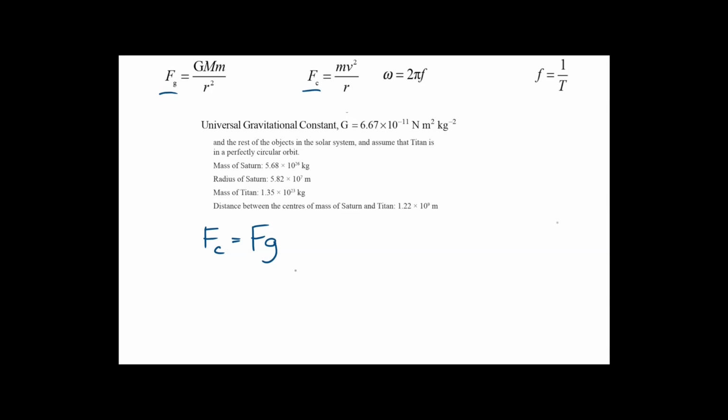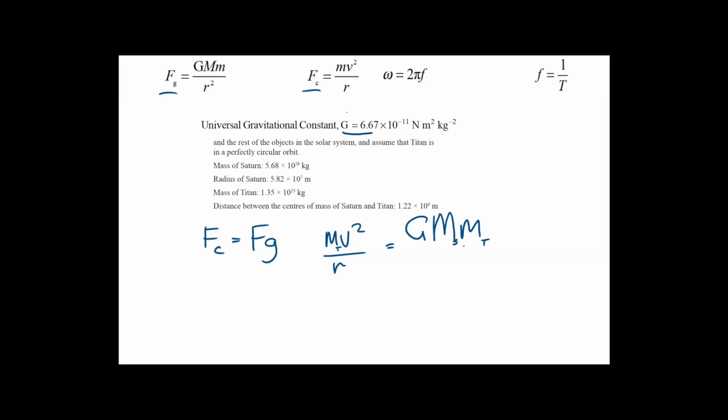Okay, so once we've done that, we know that mv squared over r must be equal to G, big G, which is the gravitational constant. Big M must be the mass of Saturn, and little m must be the mass of Titan. I'm going to put a little t there so you can see that that's Titan and that's Saturn.